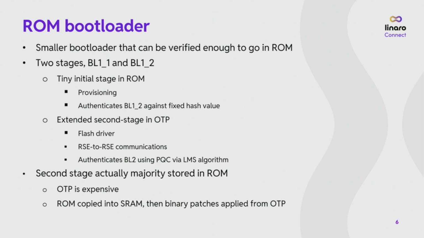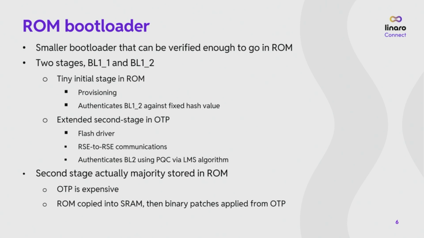BL1_2 is more interesting in terms of capabilities. That's where the actual bootloader functionality resides. It has things like flash drivers so that it can load the next stage of bootloaders. It has RSE to RSE communication. If you imagine a bigger SoC, there might be multiple RSEs running as multiple roots of trust, and you want these RSEs to communicate.